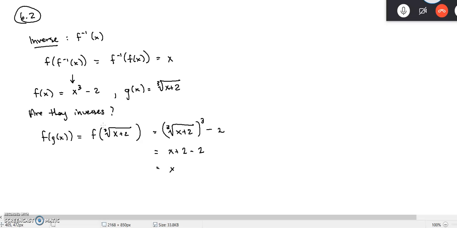Now when you test the other half, 99.9% of the time it's going to work out, but we'll go ahead and check it anyway. So g of f of x, this time f is on the inside. So we're going to take x cubed minus 2 and we're going to put it into g.